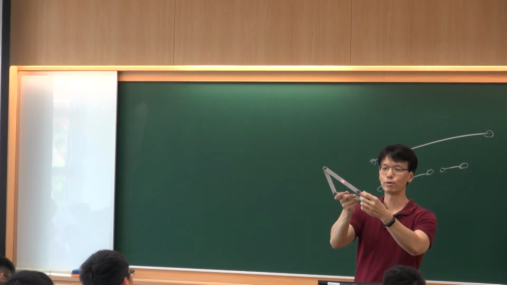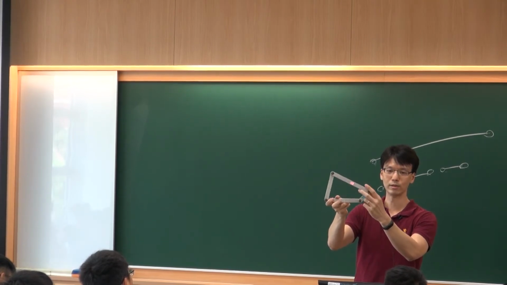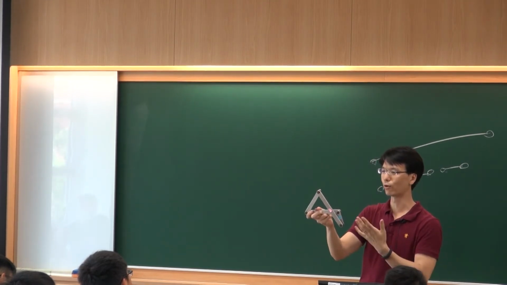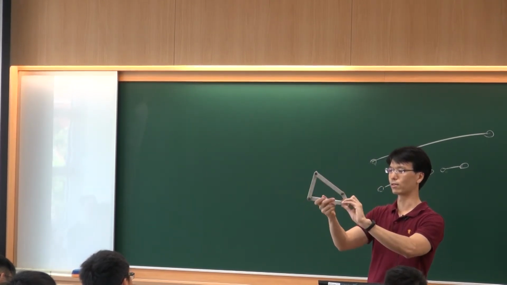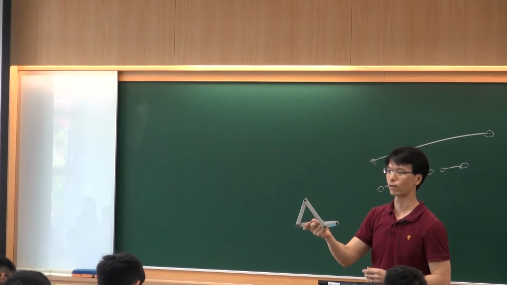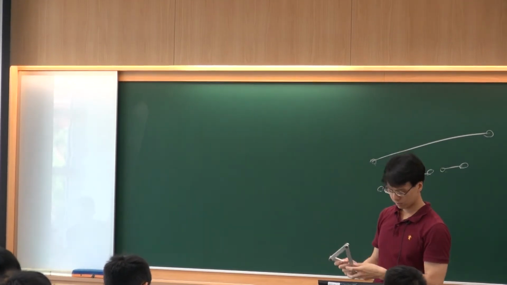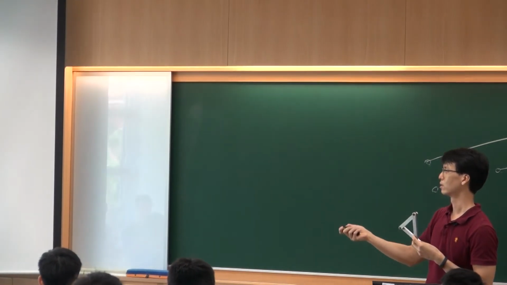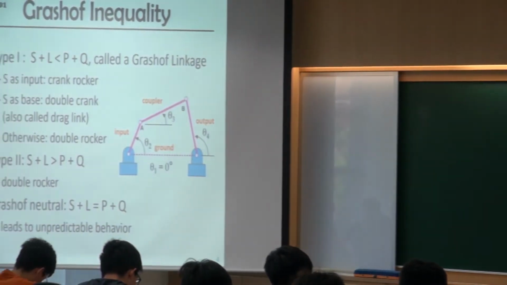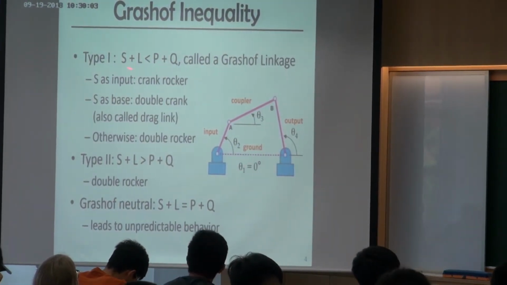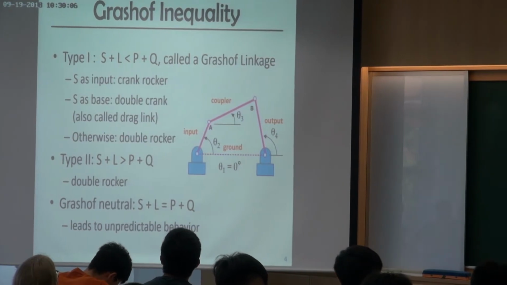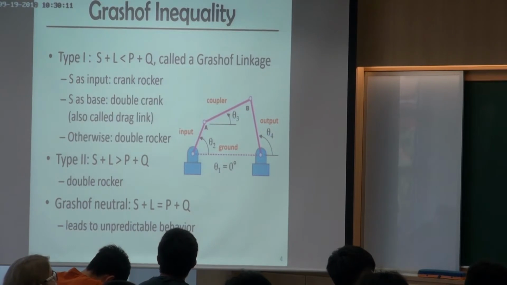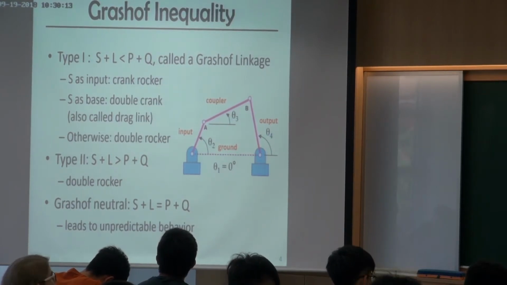You can see the blue one is still doing the full rotational motion, and this output is still swinging. It's still a rocker. So either way, they are both crank rocker mechanisms. As long as you are using the shortest bar as input, it's a crank rocker. The first thing you need to satisfy is S plus L is smaller than P plus Q. Then if you use S as the driver, the input, this mechanism is a crank rocker.